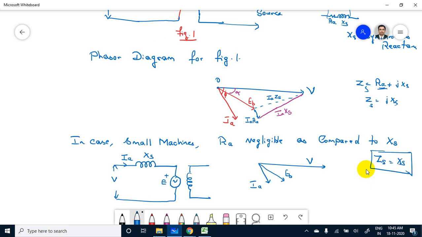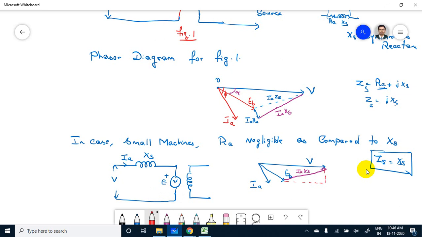So this line IA XS will be joined directly between EB and V. Then we can draw a dotted line to form a triangle.